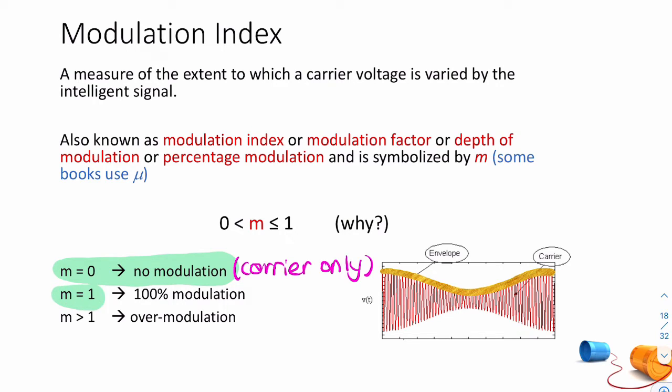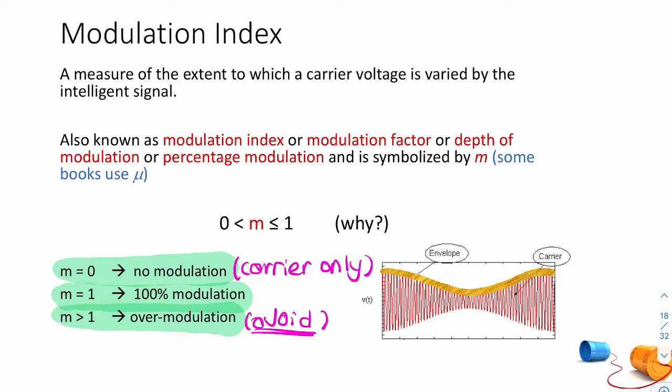If the modulation index is 1 or 100%, we call that 100% modulation. If the modulation index exceeds 1, we call that situation overmodulation. And we always try to avoid this situation. Overmodulation is something we must always avoid.